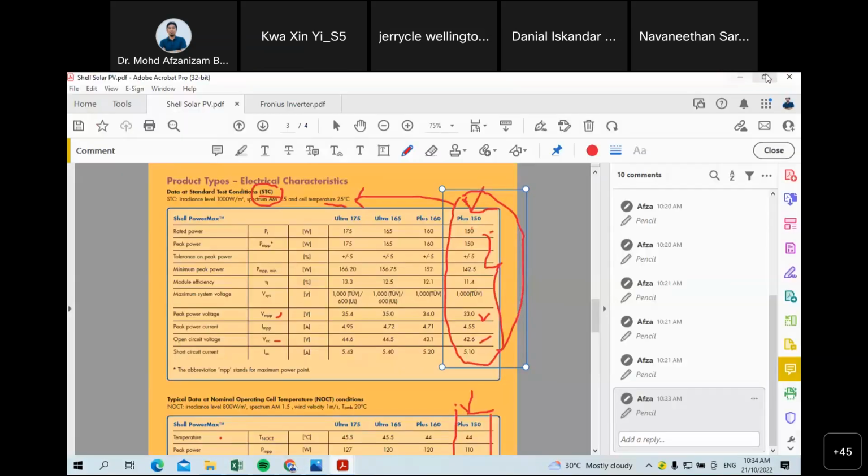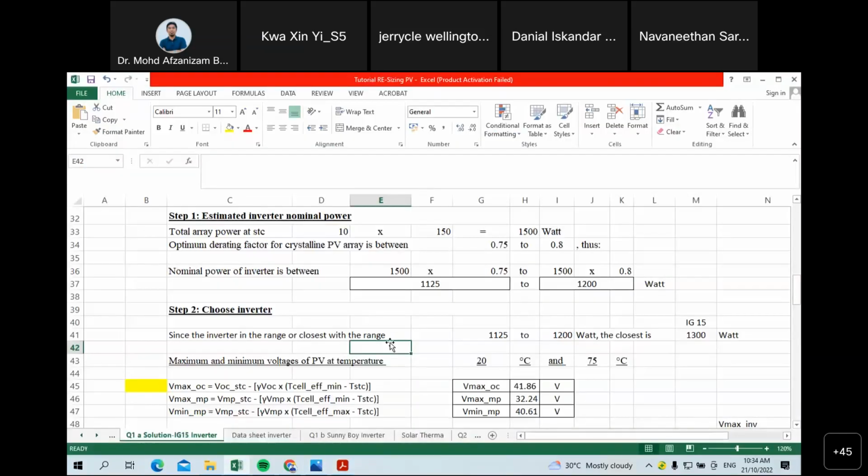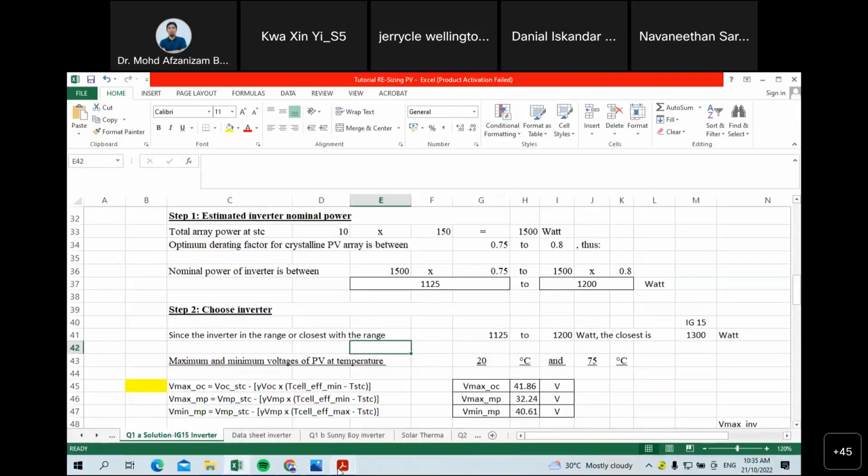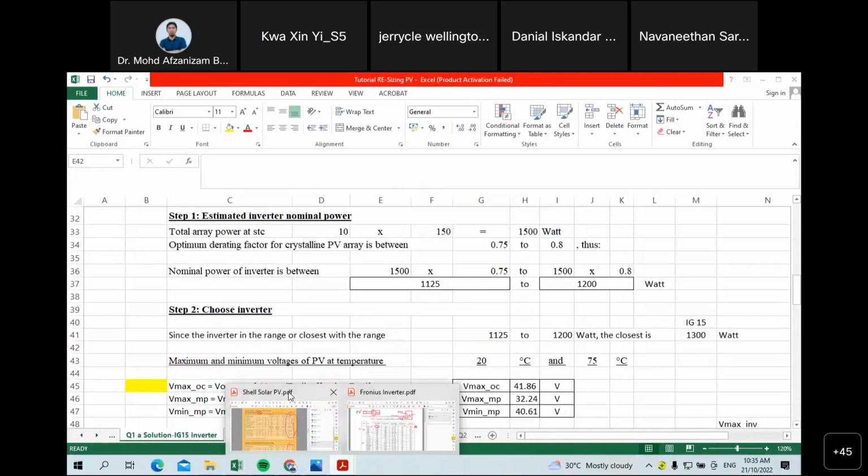So we try to address it one by one, so that you can know where this thing comes from. We want to determine the Vmax OC. The equation has VOC STC.